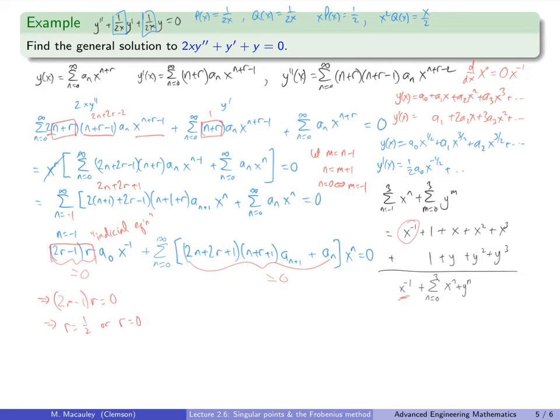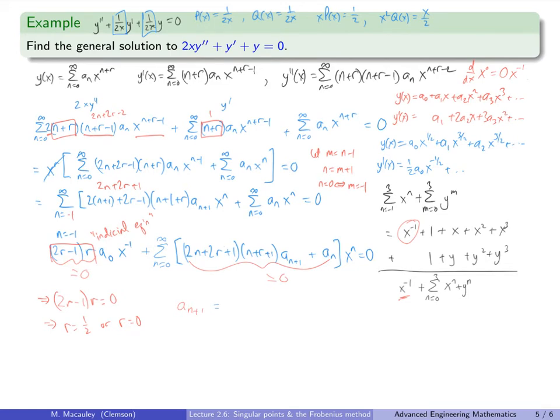Next, we have our ordinary recurrence relation. So if we set this equal to 0, now we get a n plus 1. So I'm going to solve for a n plus 1. I'm going to move that to the other side of the equation.